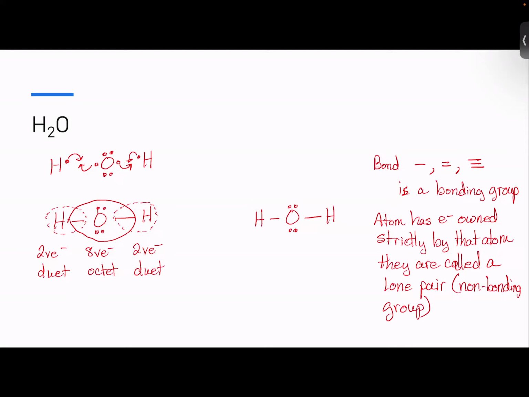So in other words, hydrogen has 2 bonds, 2 bonding groups, and the oxygen has 2 lone pairs.